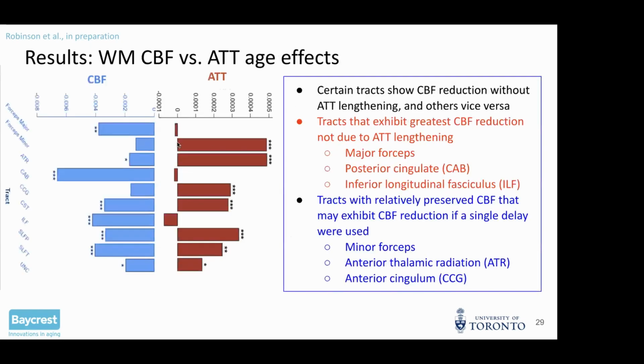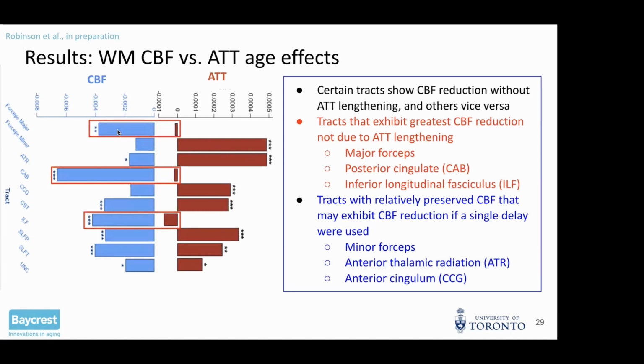If we were to put these together next to each other, we can see, again, some interesting trends start to emerge. Certain tracts show CBF reduction without a delay lengthening or ATT lengthening. So for example, these. And other tracts show the opposite.